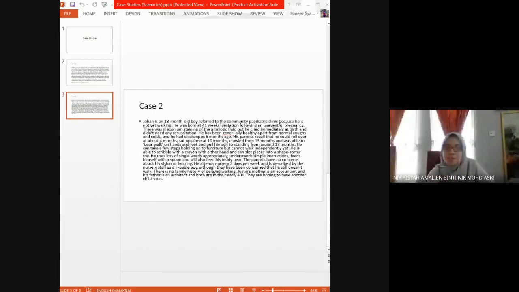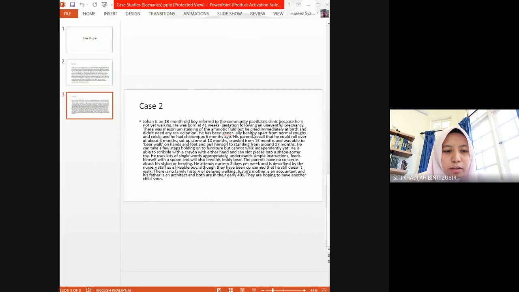Maybe it shows that the child still doesn't have a hand preference because he can use both hands. For normal fine motor, at 18 months, he should have hand preference. Correct, because hand preference is usually stabilized at the age of 18 months.